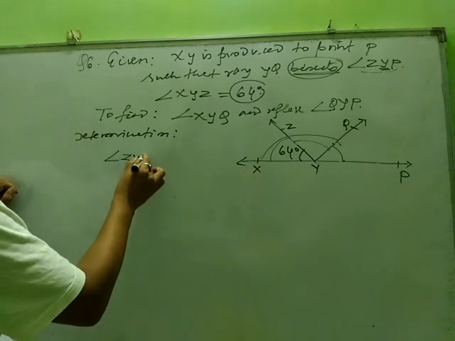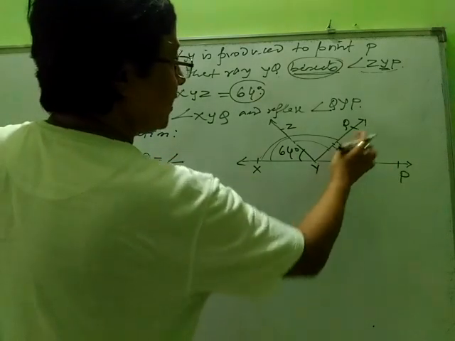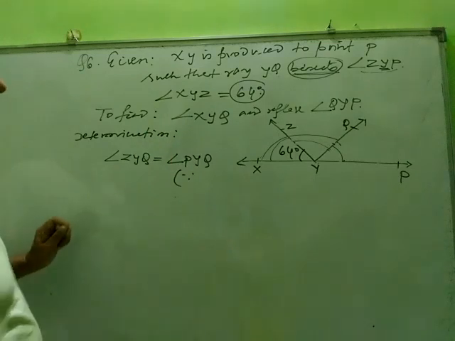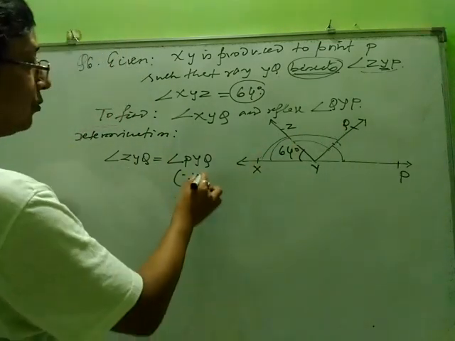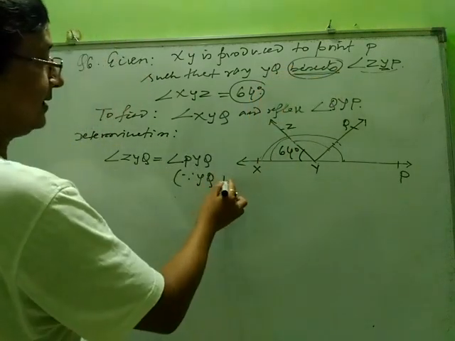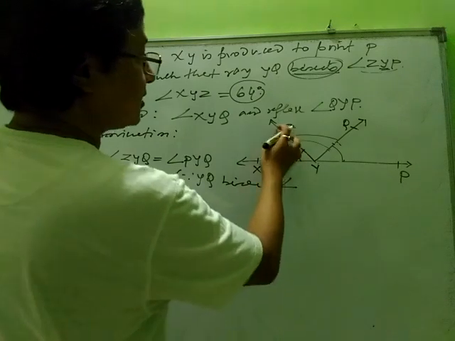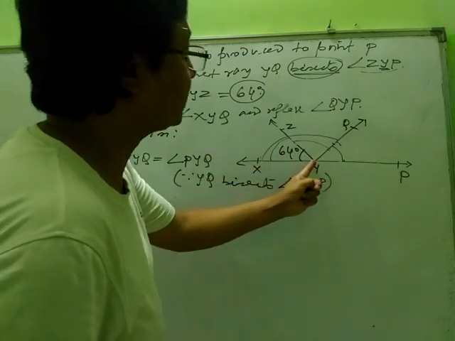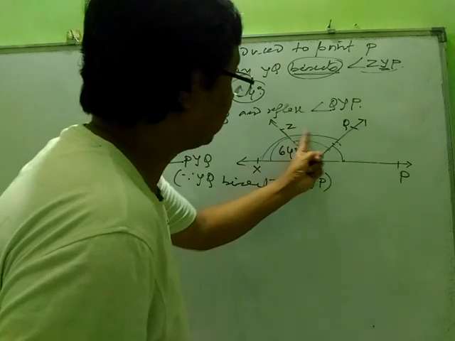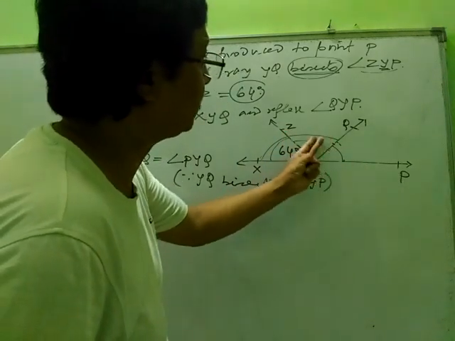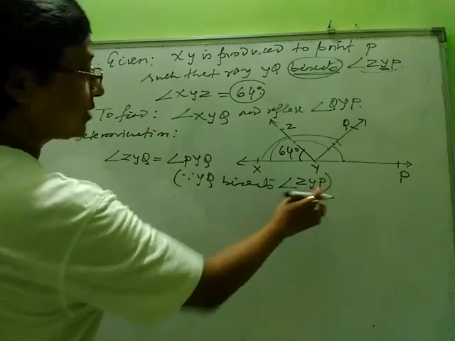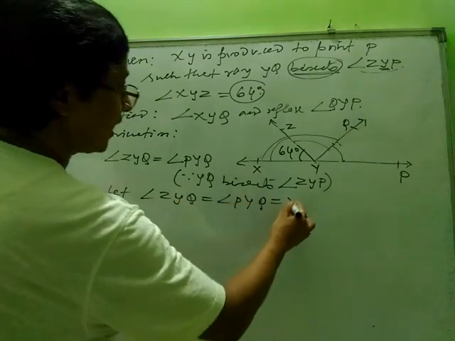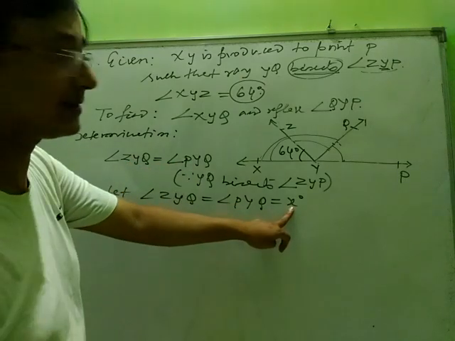Angle ZYQ equals angle PYQ because YQ bisects angle ZYP, dividing it into two equal halves. Let angle ZYQ equal angle PYQ equal x.